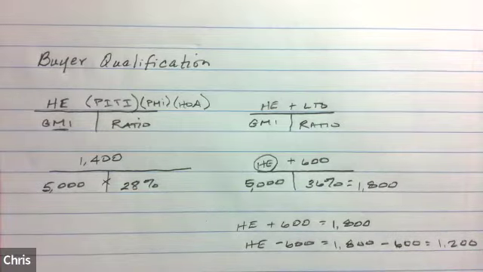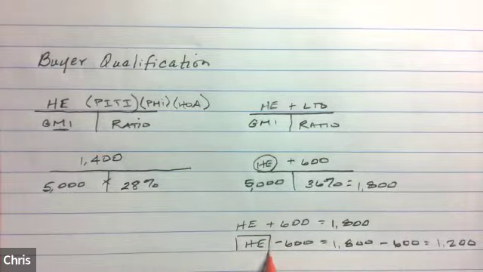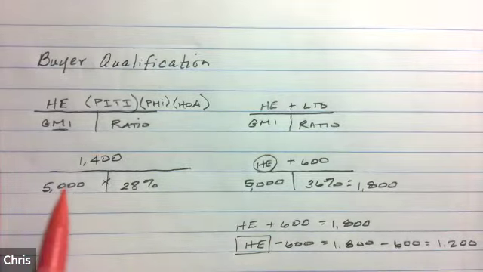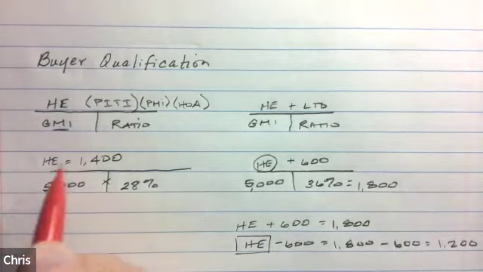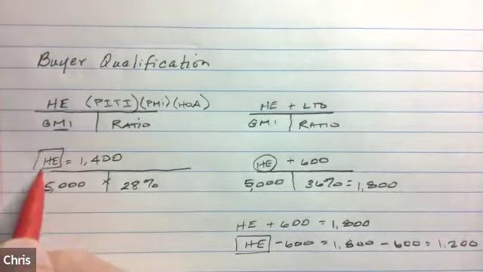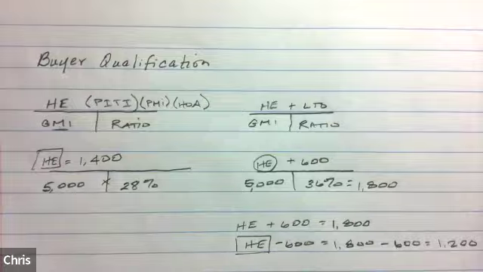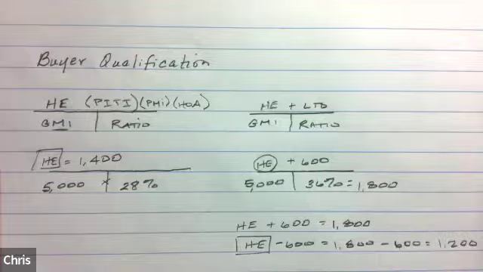Now, there's one more trick to this problem. This problem that you're looking at right here is a question of what is the maximum housing expense allowed? And you just came up with two different numbers. Based on his income, the housing expense could be 1,400, but based on his debt, his total debt, his payment can only be $1,200. Well, you may know this about banks, and banks are notoriously conservative.